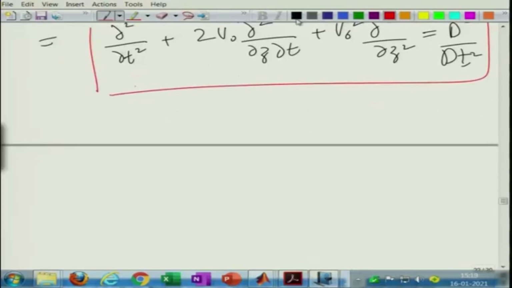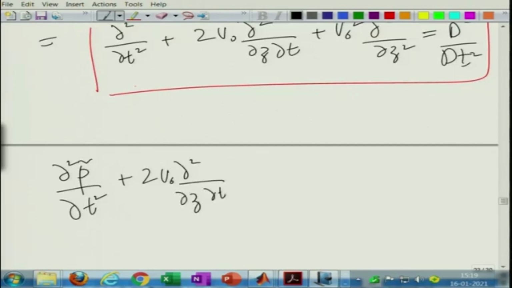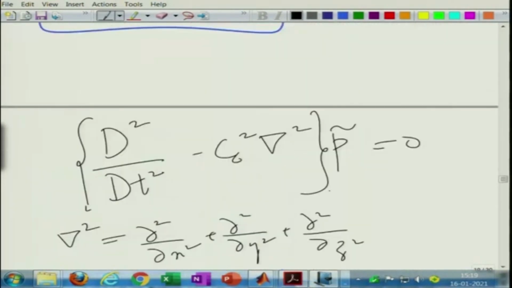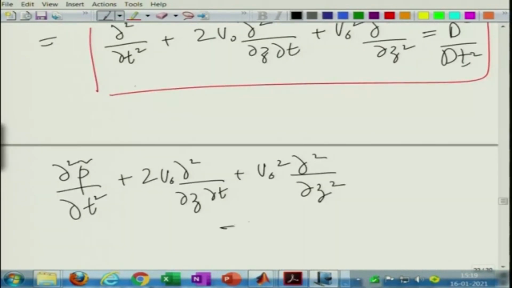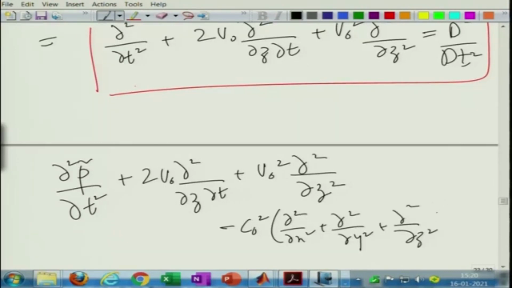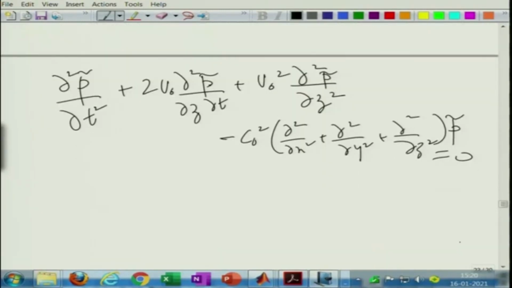That would be your del square p tilde by del t square plus 2 u naught del square by del z t plus u naught square times del z square, and so it's minus c naught square times, and we can finally put it in a more formal form.